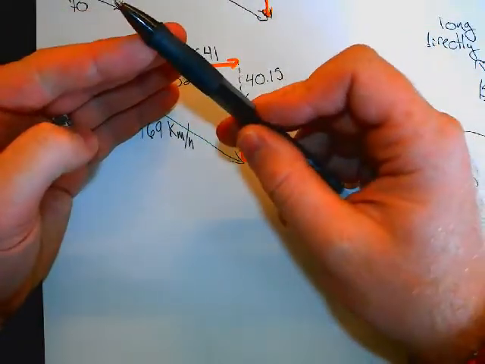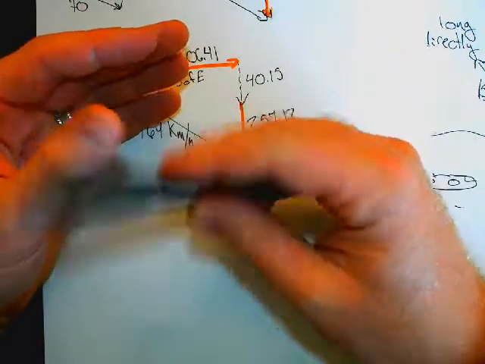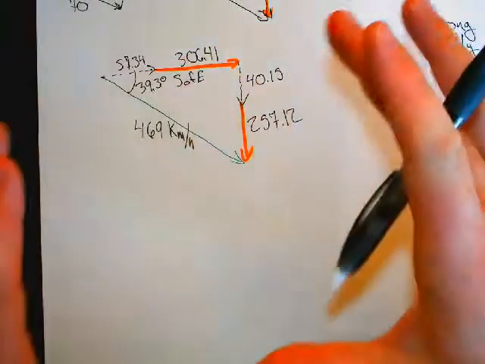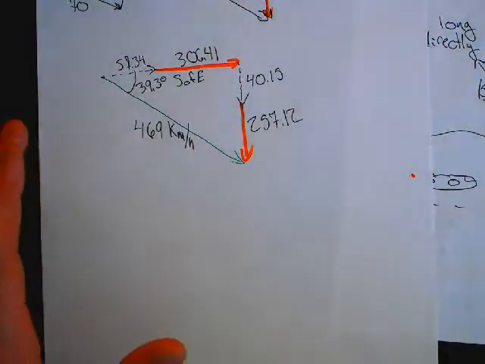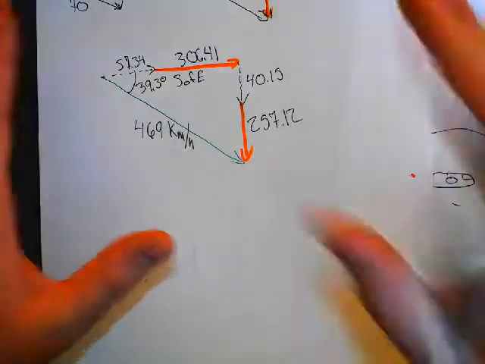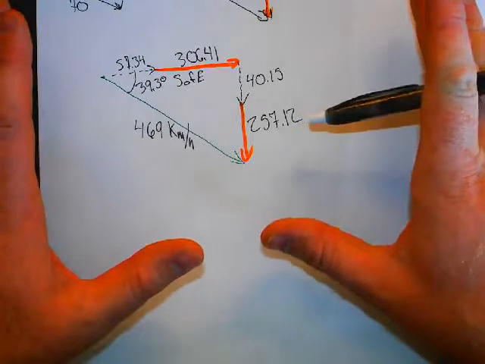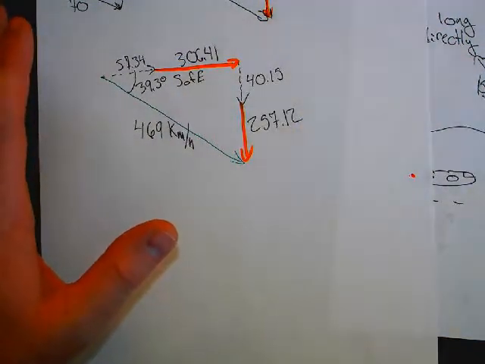We see it in torque and rotation. We see it in electrostatics. If you can't handle vector addition, everything else this year suddenly gets way harder. So we want to make sure that this is something you're firmly grounded in and you have a good understanding of before you have to apply it to other concepts. Okay?